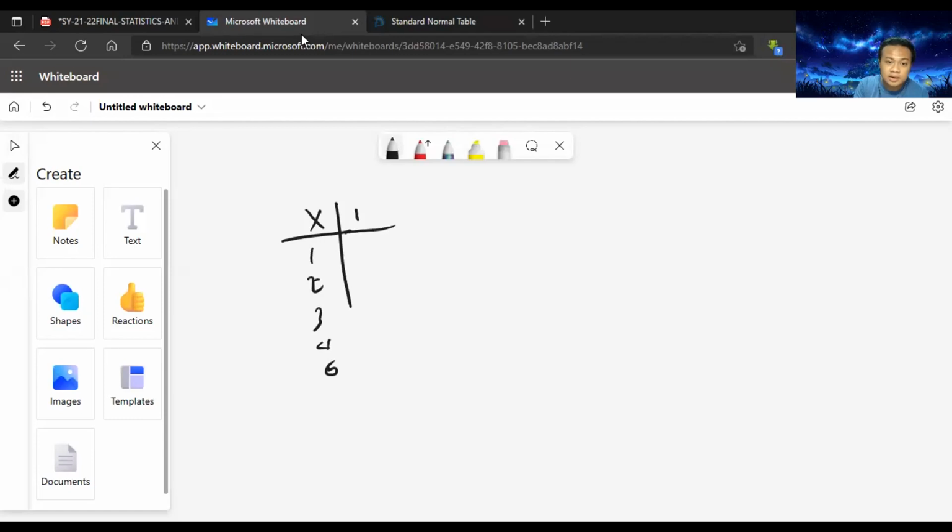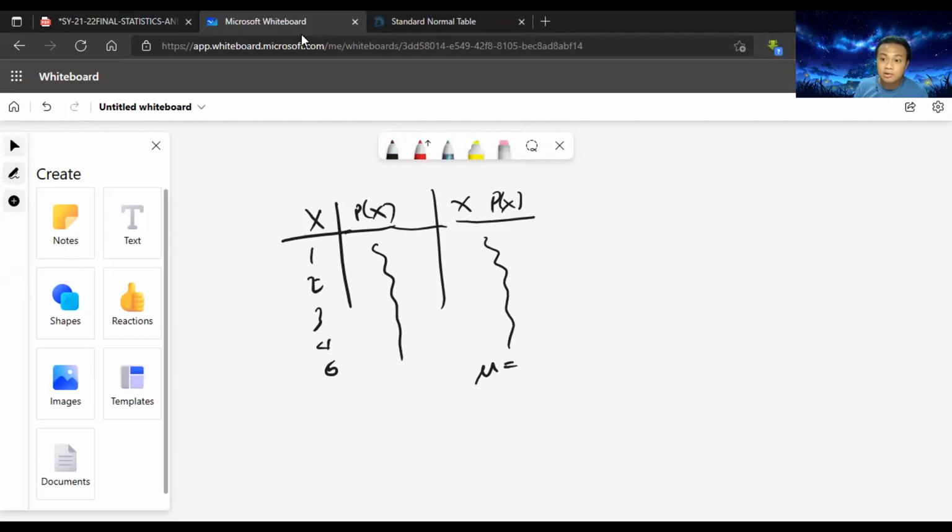And then list the probabilities. And then the x times P(x), you just multiply. Then the mean, mu, is equal to the sum. Okay, so that's how you answer number 1.